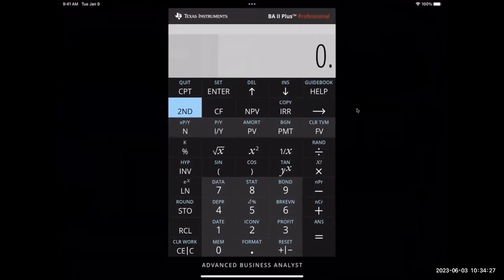On your calculator, you should see above the plus, there's nCr. Above the plus, I'm flashing it, nCr, and it's in blue on my calculator. So you should be able to activate it by using the second function key here.